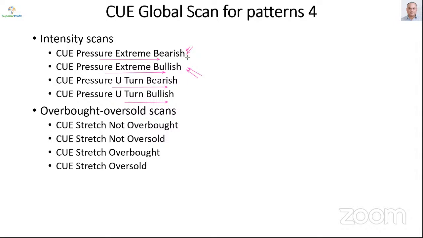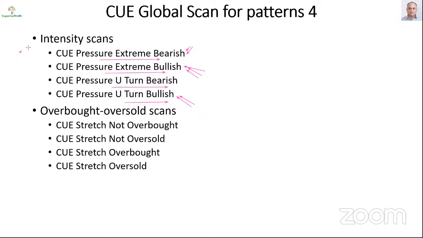On the short side, it is less required. Stocks may fall without heavy intensity more easily than they may go up. So for long breakouts, you may combine that with bullish extreme pressure. And if it has a U-turn bullish, it is even better, a sudden reversal.